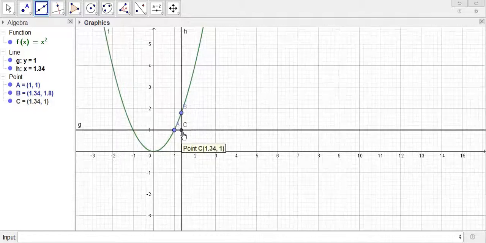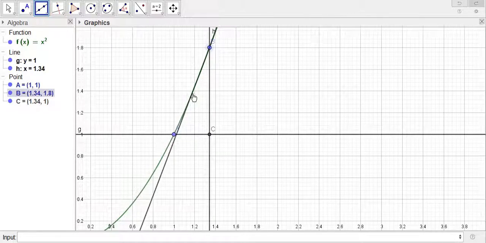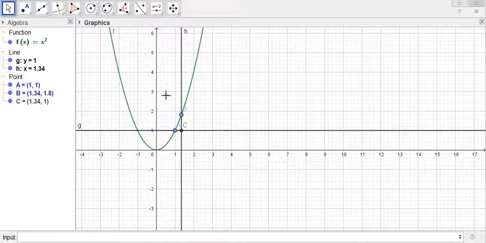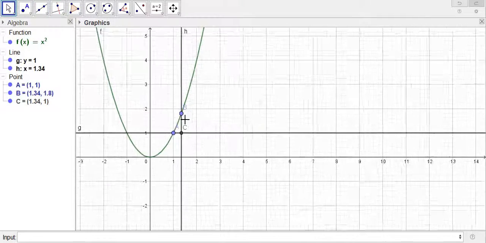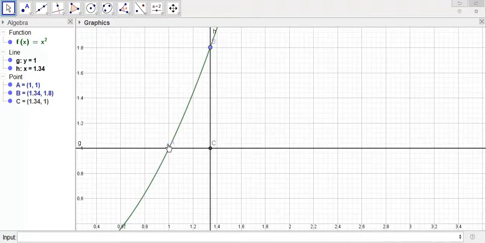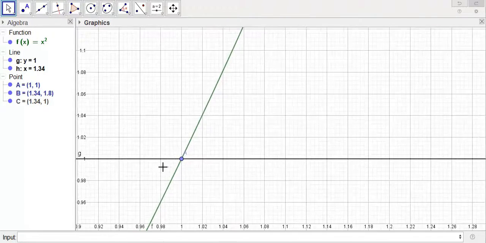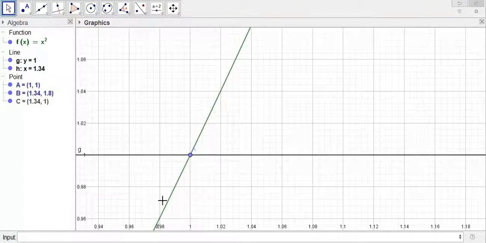What I mean is, as I get closer and closer, what is the slope at this point? You see how it starts approximating a straight line? It looks like it's basically a straight line at this point. So what's the slope of this line? That's what I'm curious to know.